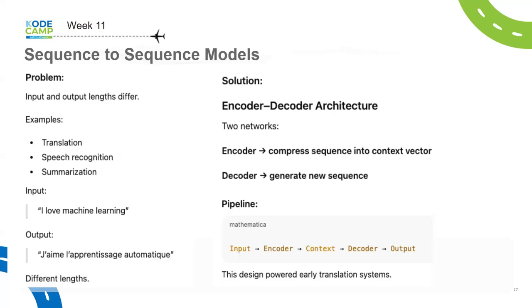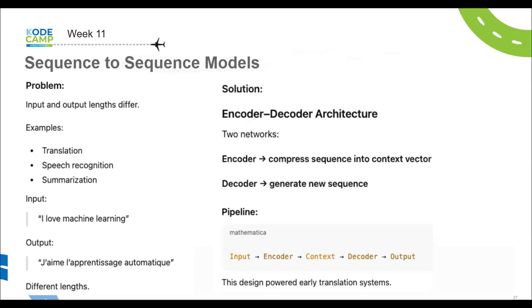And with that, you have a language translator. That's how these things work: combining an encoder that learns in one language with a decoder that is able to generate output in another language. That's what sequence-to-sequence models do.